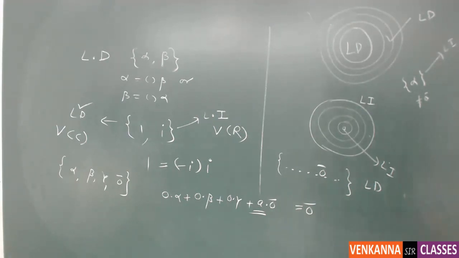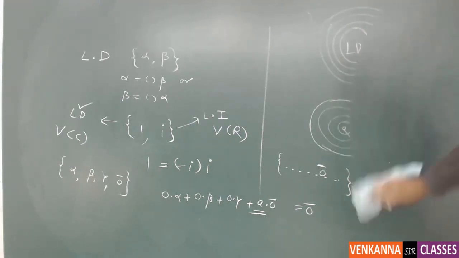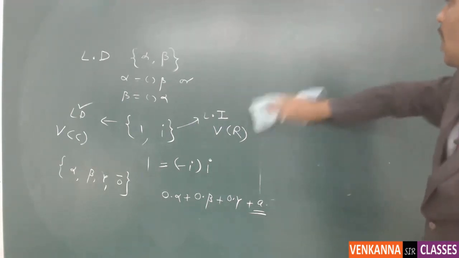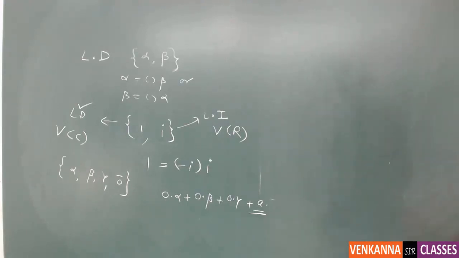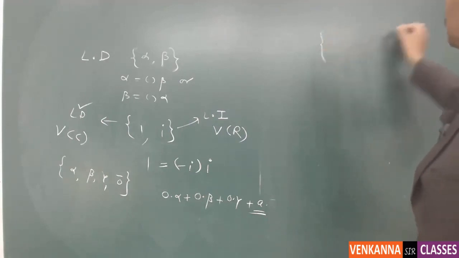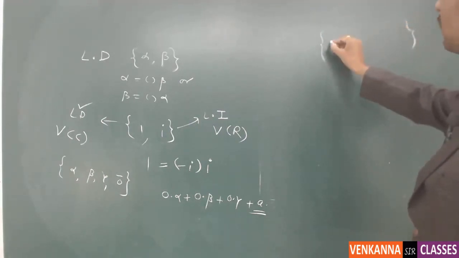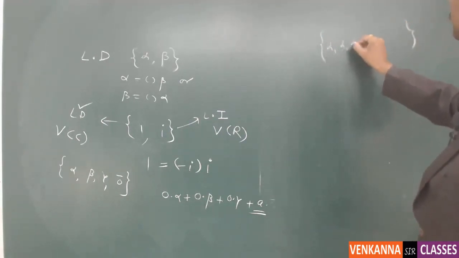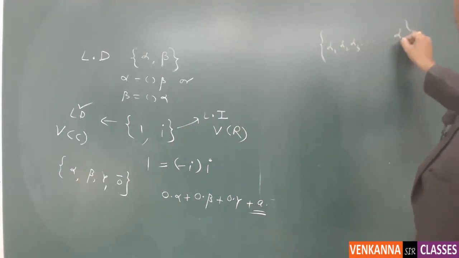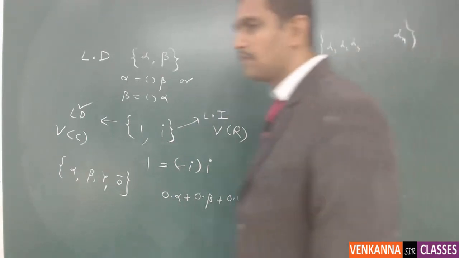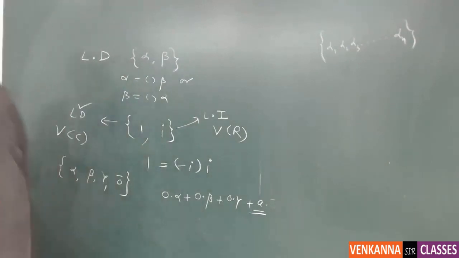And while proving problems, one good result is there on how to check whether a set is linearly dependent or not. Suppose I have taken a set of vectors like this: alpha 1, alpha 2, so on, alpha n.